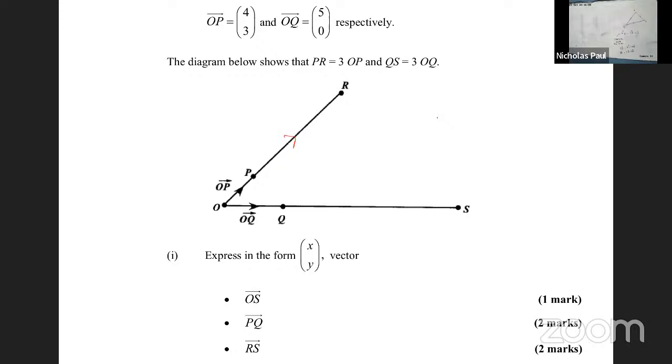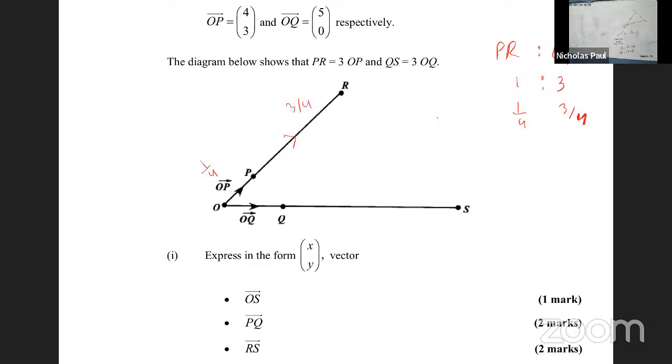So the ratio is what? PR to OP, the ratio is 1 to 3. For every 1 PR, you have 3 OPs. So it's correct: 1/4 here, 3/4 here. It's important that we learn those fractions.